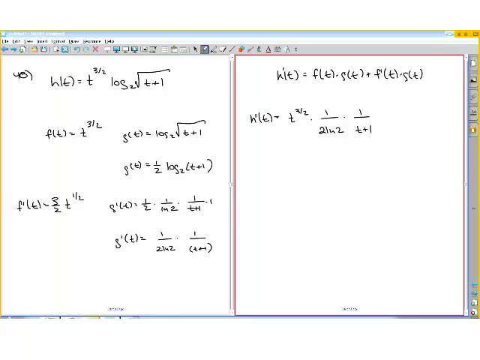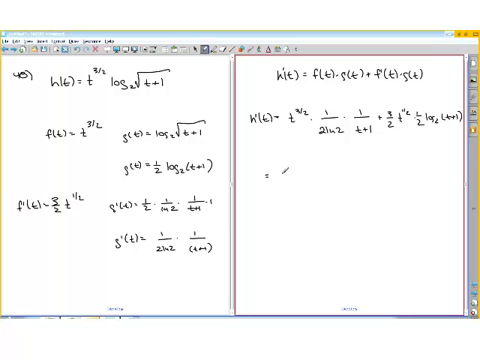So that's that. And then we do the other one, which is going to be plus 3/2 t to the 1/2 times g of t, which is 1/2 log to the base 2 of t plus 1. This times that.